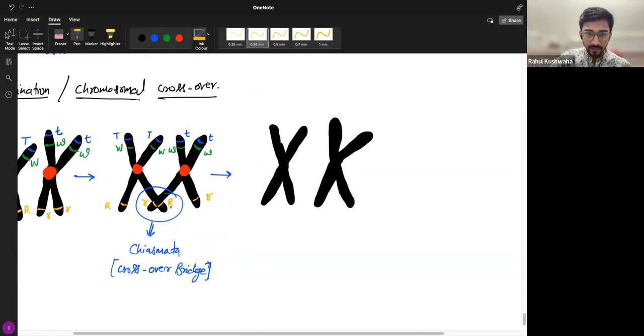This part goes here and this part goes here. There is an exchange of material, because of which the two homologous chromosomes will have these specific combinations.